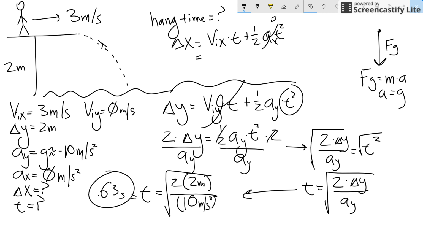We have my velocity initial from over here. We have time now. So if we plug it in, it's going to be 3 meters per second times that 0.63 seconds. That's going to give us 1.89 meters.